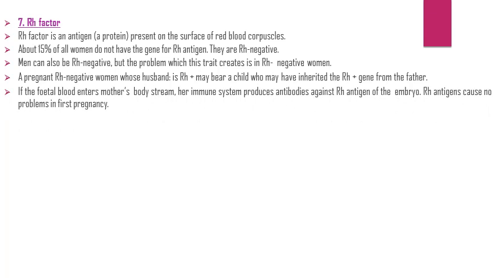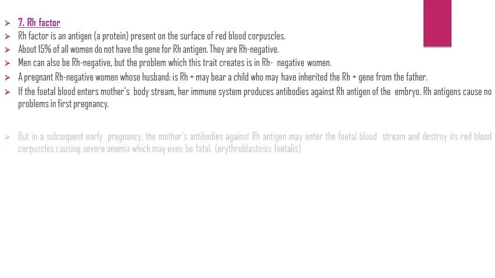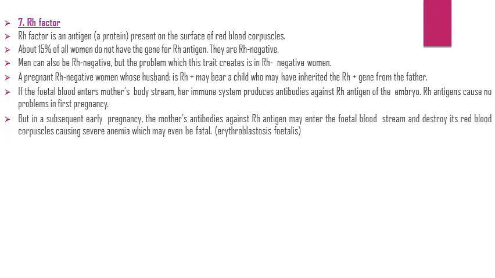If the fetal blood enters the mother's bloodstream, her immune system produces antibodies against the Rh antigen of the embryo. Rh antigens cause no problem in the first pregnancy, but in a subsequent pregnancy, the mother's antibodies against the Rh antigen may enter the fetal bloodstream and destroy its RBCs, causing severe anemia, which may even be fatal.